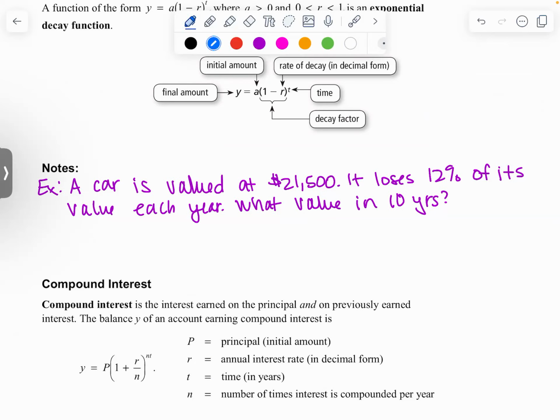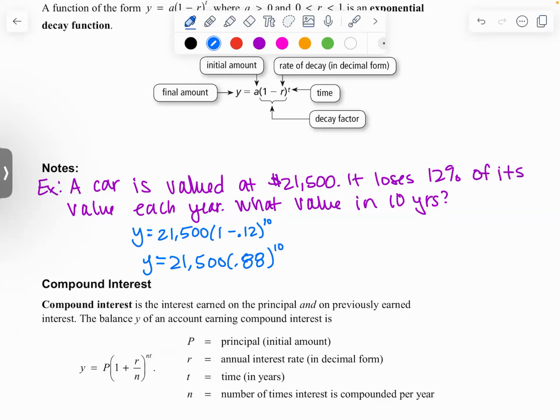So our initial value is 21.5, and we have 1 minus our rate. So what number is our base? 0.88. Would it be to the 10? In 10 years, yep.